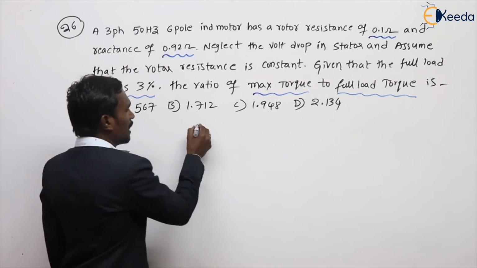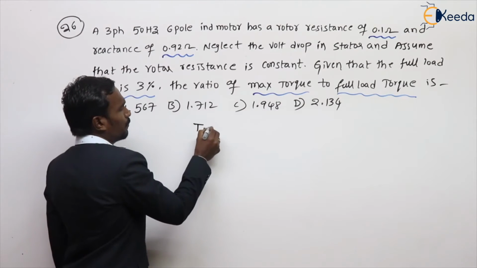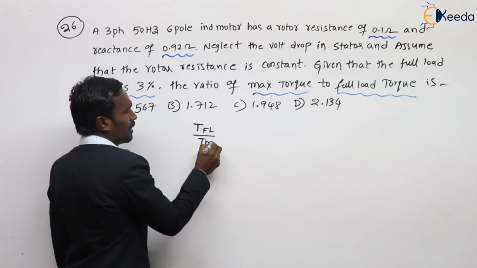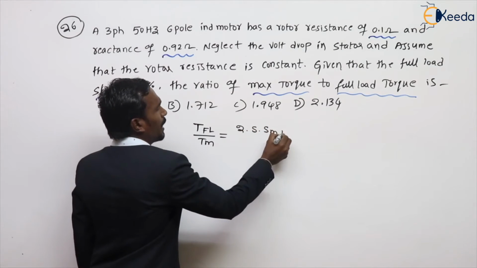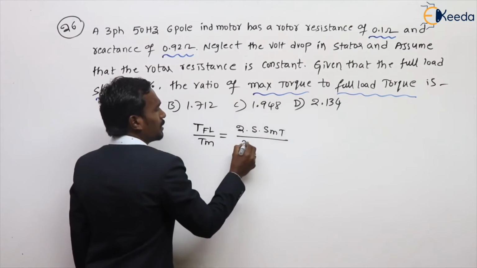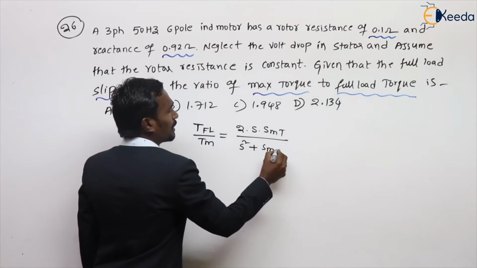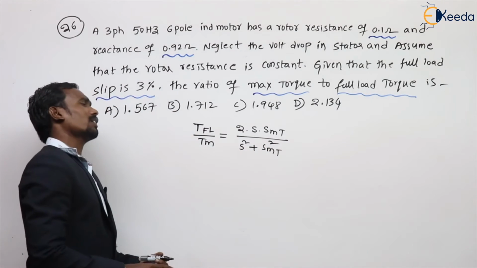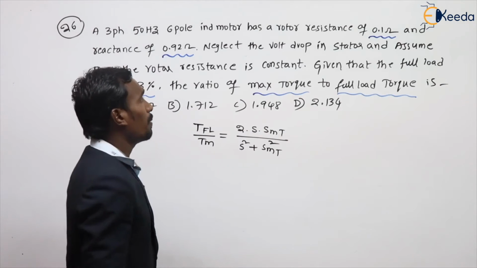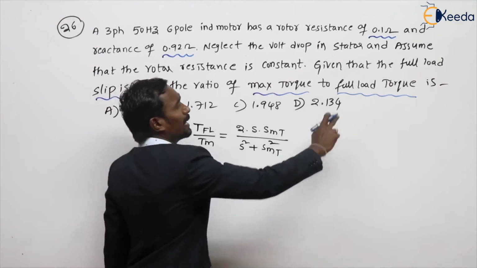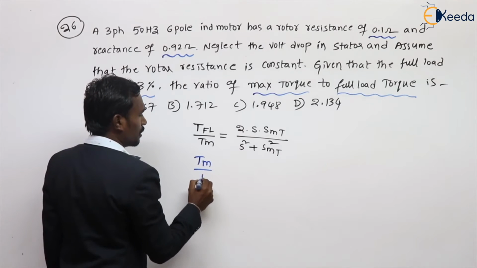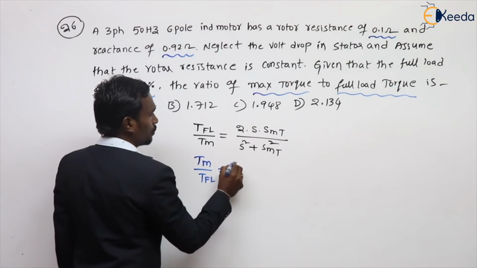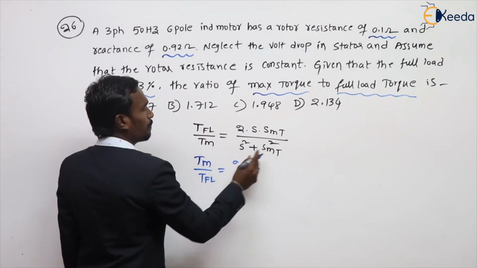We know the formula: full load torque to the maximum torque is 2 S SMT upon (S square plus SMT square). But I want maximum torque to the full load torque, so it is (S square plus SMT square) upon 2 S SMT.